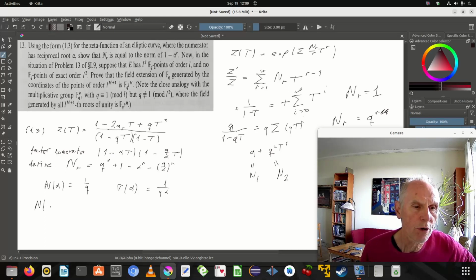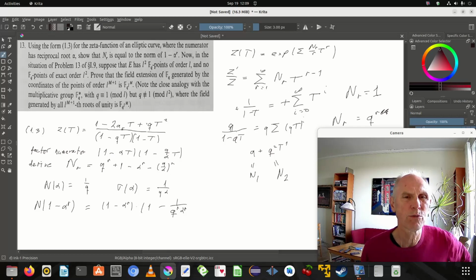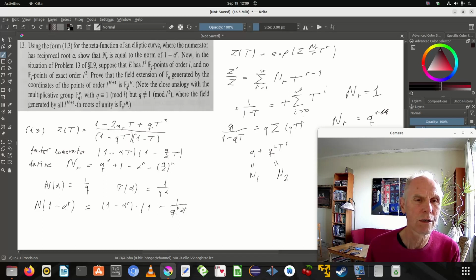And that means the product of 1 minus alpha to the rth is 1 minus alpha to the rth times 1 minus q to the rth, alpha to the rth. So this q must come up here. Now that's weird. Well, let's do it and see what happens.